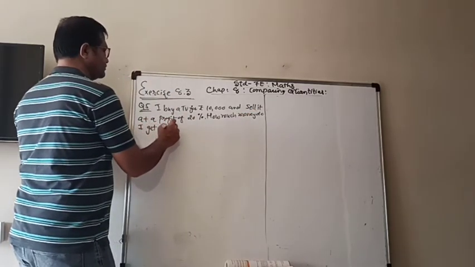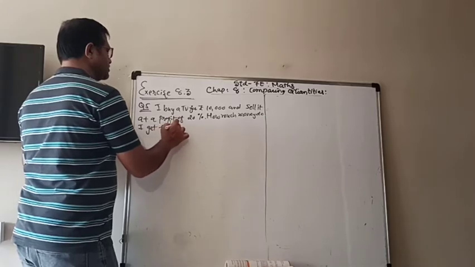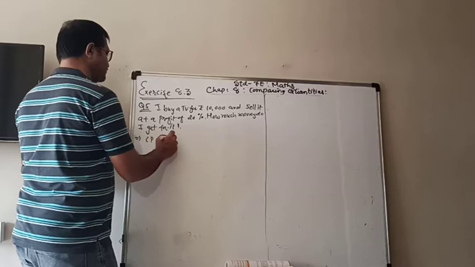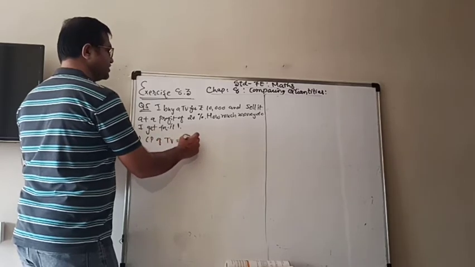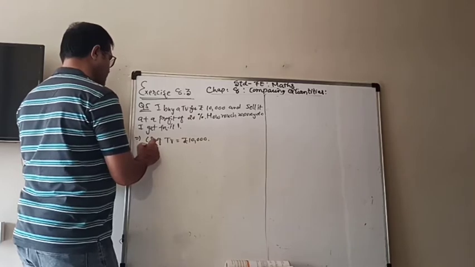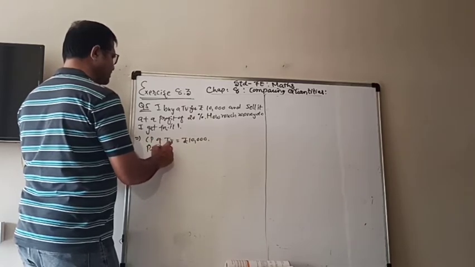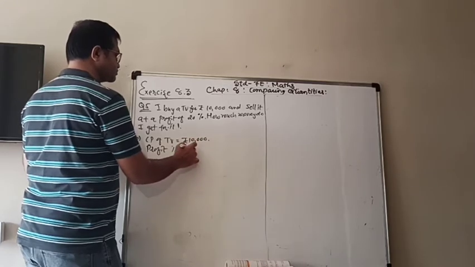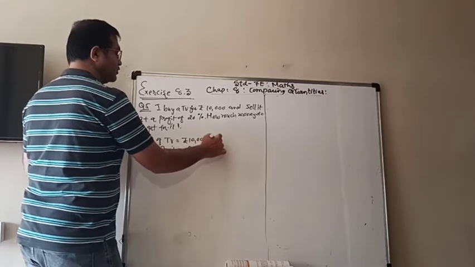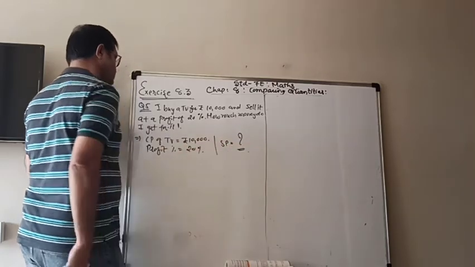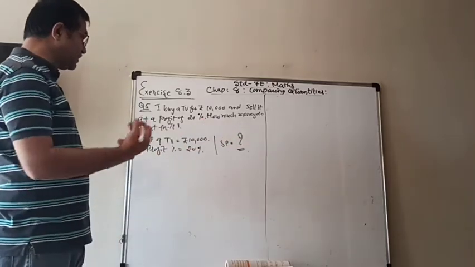Now here CP of TV is rupees 10,000 because I bought it for 10,000, and the profit percent I took is 20%, and we have to find the selling price, because as I sold it I will get the money.